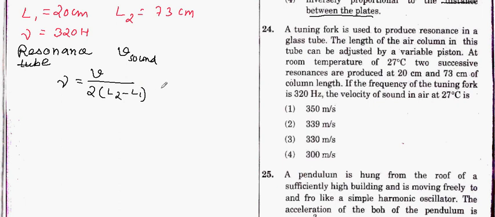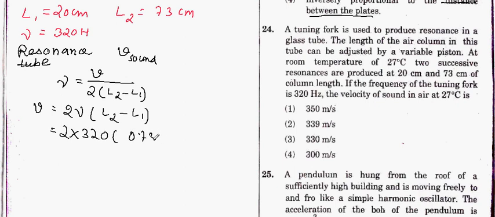Our requirement is velocity, so velocity will be equal to twice nu into L2 minus L1. If I put down the values, 2 into 320, then within brackets 0.73 minus 0.20, because they are in centimeter, convert them into meter. So the result will be 339 meter per second. So the correct option will be 2.